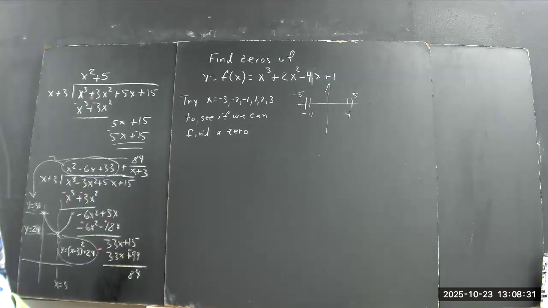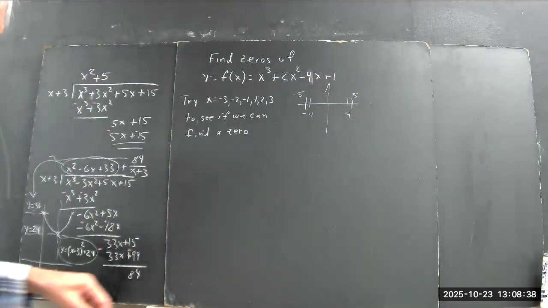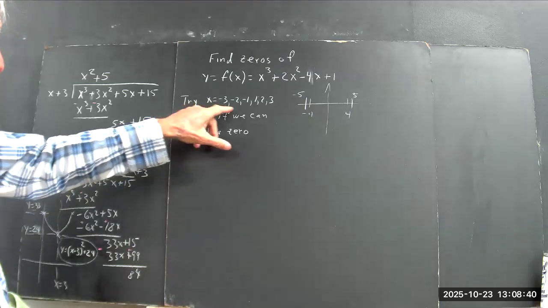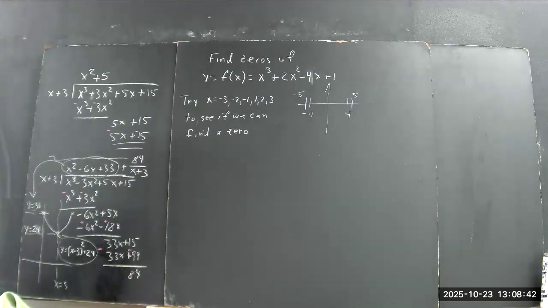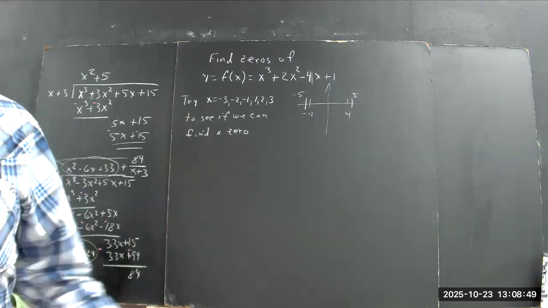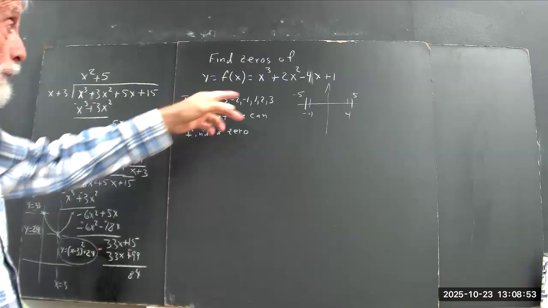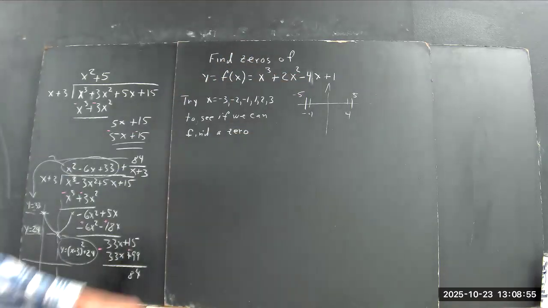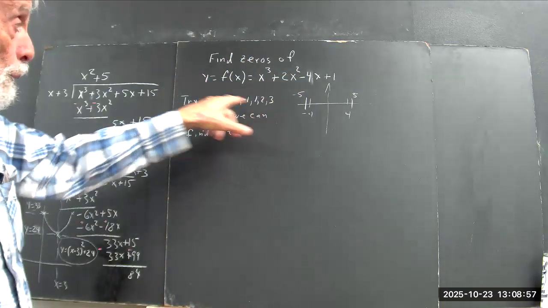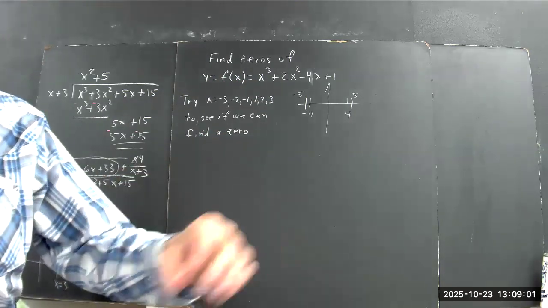If you're really fanatical about it, you could go as far as -5 and 5. But just for simplicity, we're going to try these. You can pick any of those numbers you want. I would start with -1 and 1 because it's really easy to do the calculations with 1. The bigger the number, the more the calculation. So plug whichever number you want into this and see if you can hit a 0.